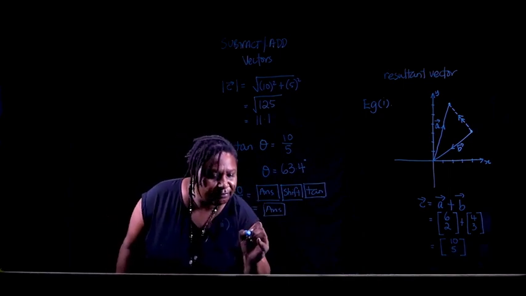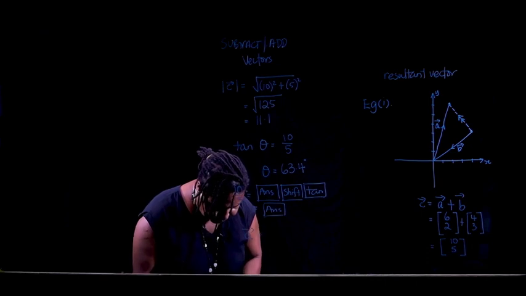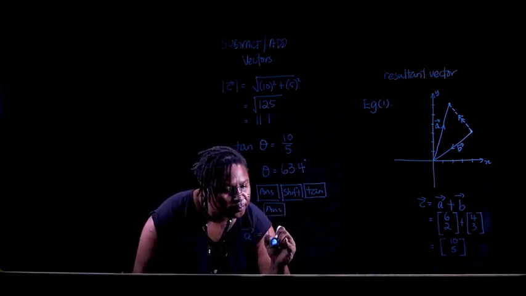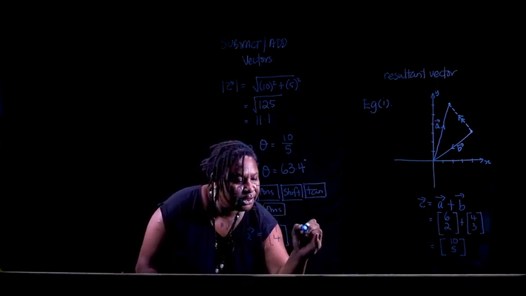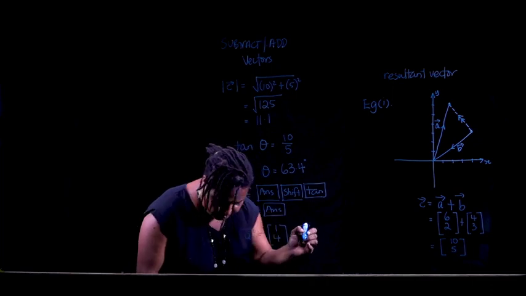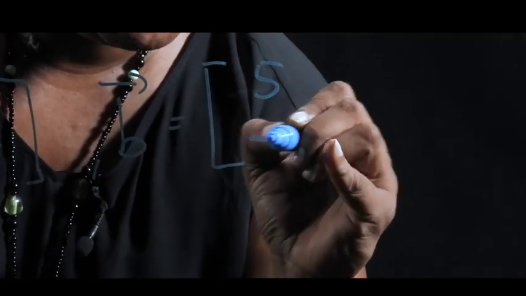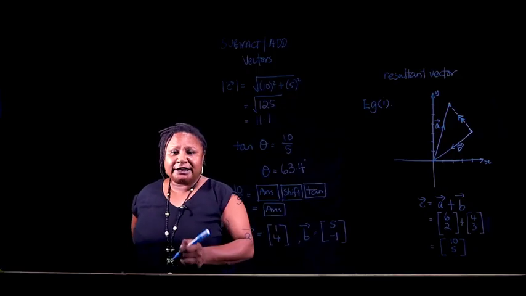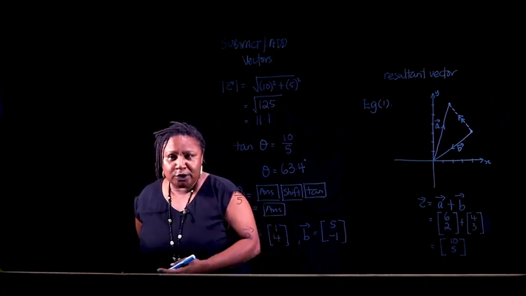Let's say we have vector A, which is equal to 1, 4, and vector B, which is equal to 5, negative 1. Let's subtract these vectors and see what our answer will look like.